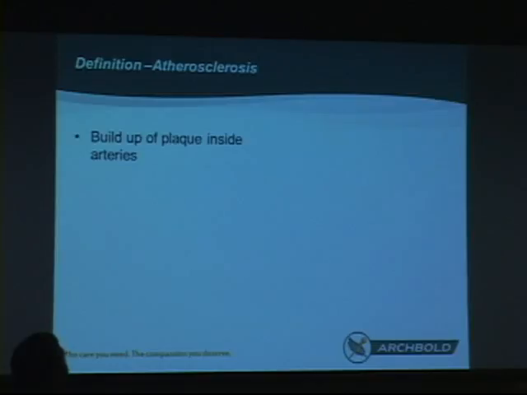All right, so let's talk about a little bit of definitions. In general, all arteries have the same type of process that happens, no matter what part of the body you are in. So the first thing that happens, you have a buildup of plaque. We'll talk about how the plaque forms and why it forms, okay? The second thing that happens is that as the plaque continues to build, the arteries get narrow, okay?